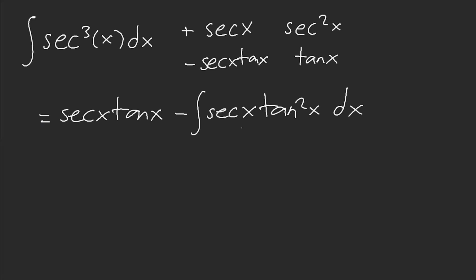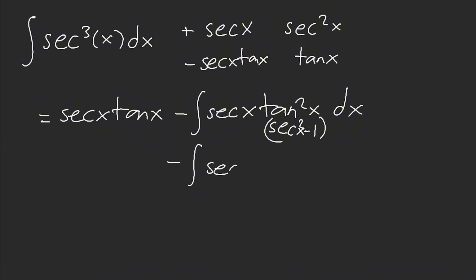What do we do now? Well, we can integrate again, or not integrate again. We can use a trig identity, right? This becomes secant square of x minus 1, right?